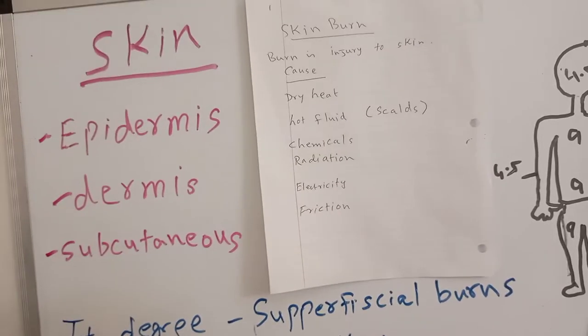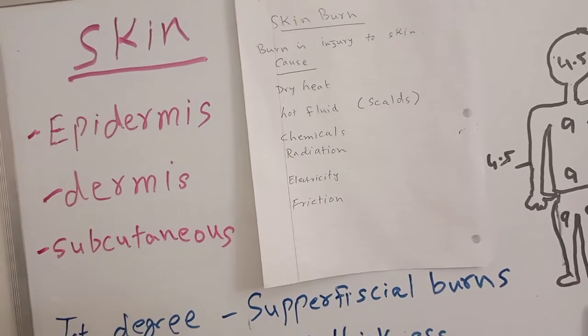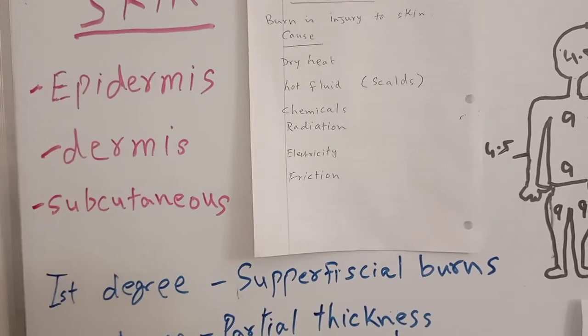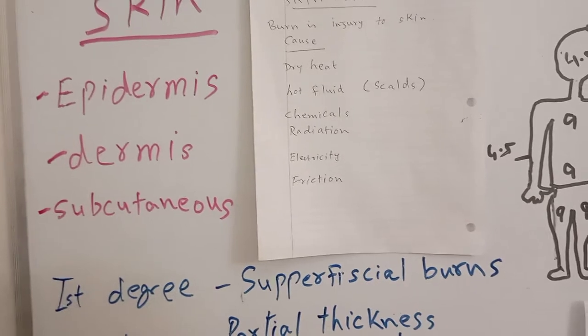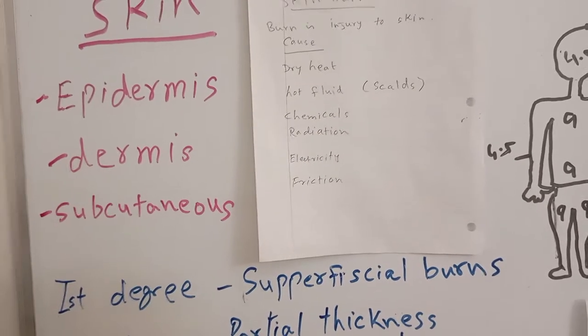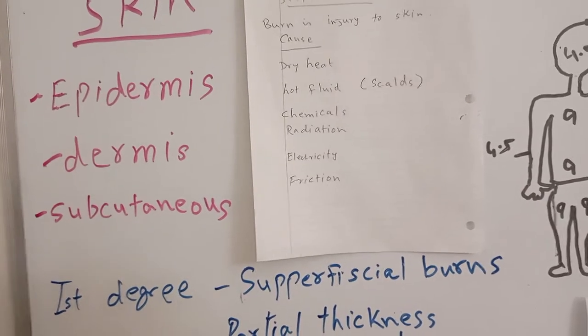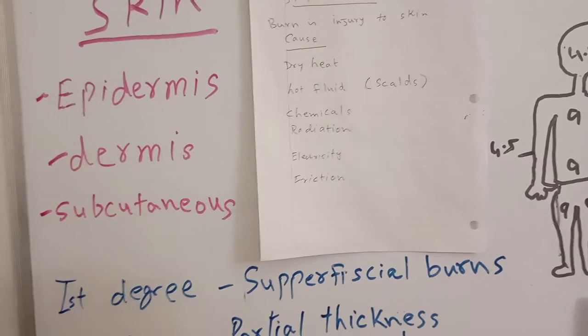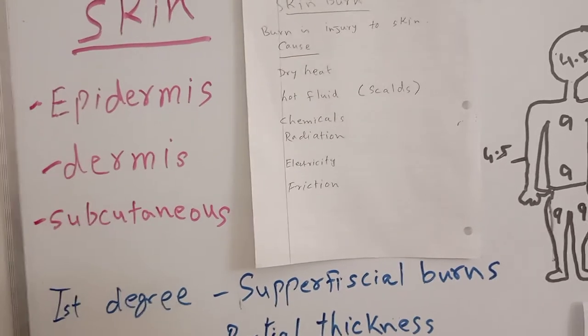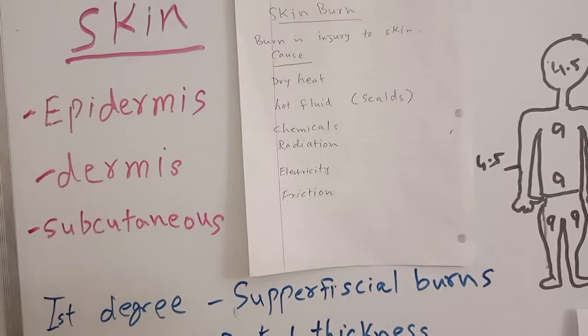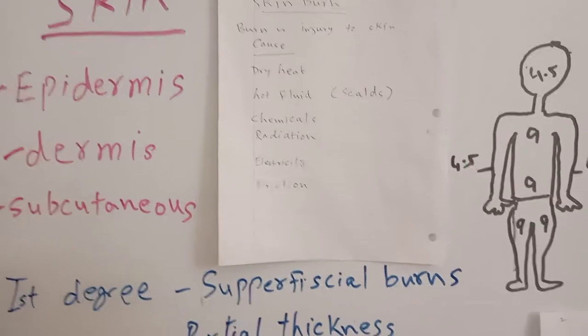These burns are also called superficial burns. In superficial burns, the skin will be red, swollen, and extremely painful because the pain receptors, which are present deep in the dermis, are intact, so it will be quite painful.